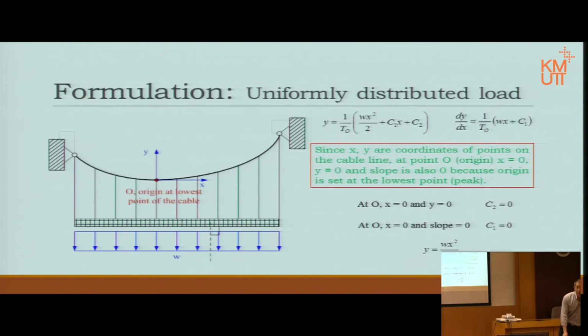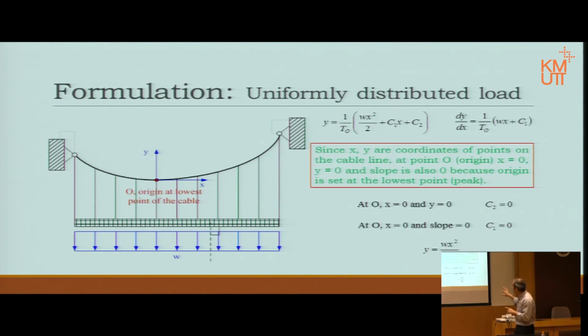Again, for this expression, to start off, let's be sure what we're talking about. W is the distributed load that takes onto the road, onto the pavement, to the beam, and then hangs up to the main cable. In this case, we assume it is uniform. If it's not uniform, you have to have an expression for W first before you integrate it. T0 is the horizontal component, the T cosine, remember, of the tension.